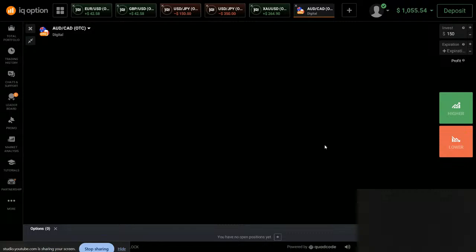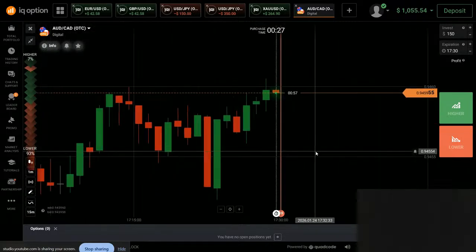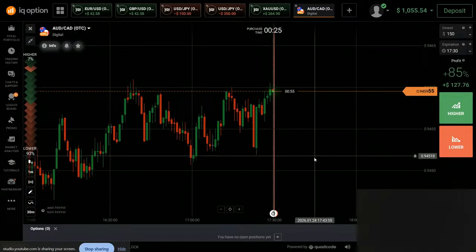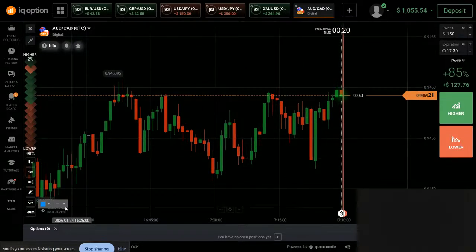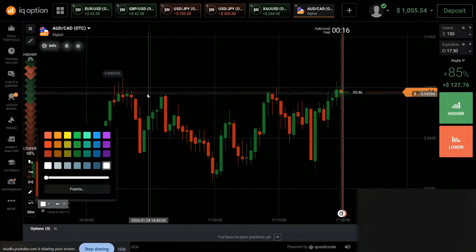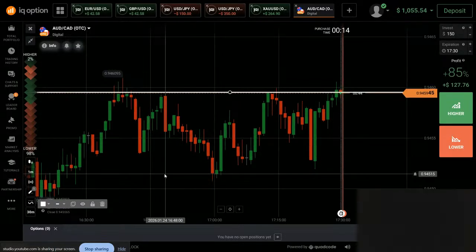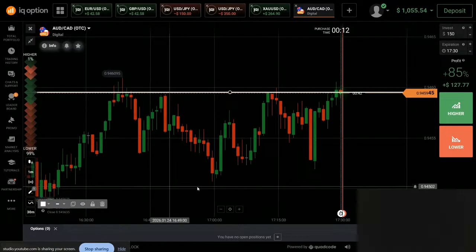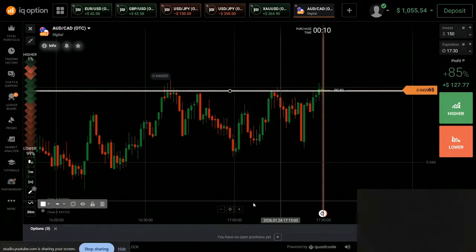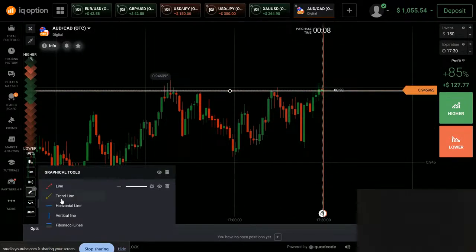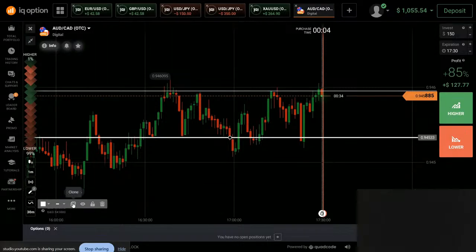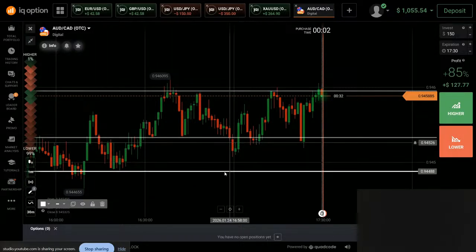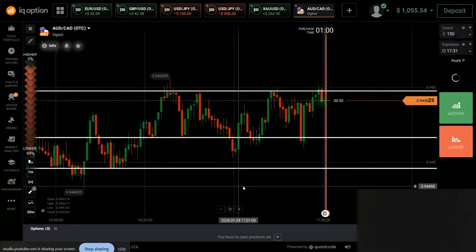AUD CAD. Before taking the trades, we should place the resistance at the top. This is a resistance line, this is our minor support, and this is another support.